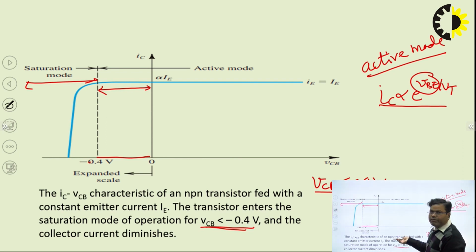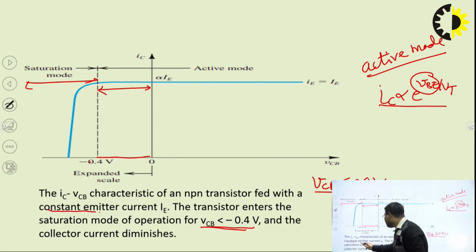So, these are the characteristics of collector current with respect to VCB when an NPN transistor is working in saturation mode, and the emitter current will be constant.